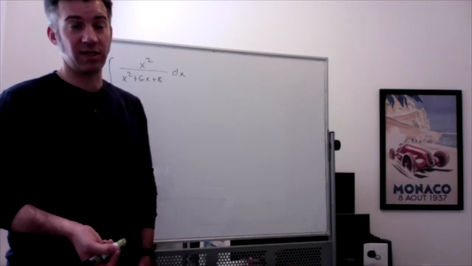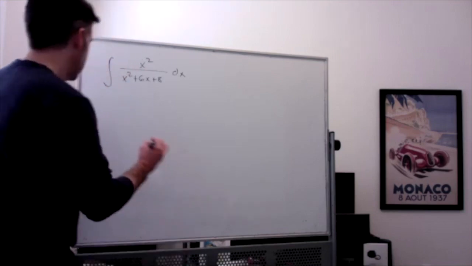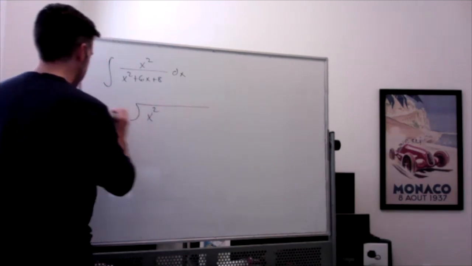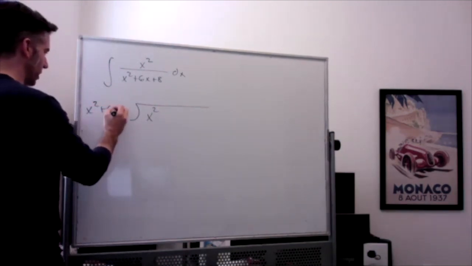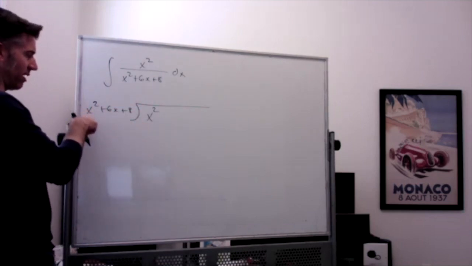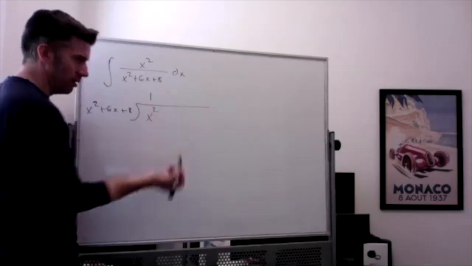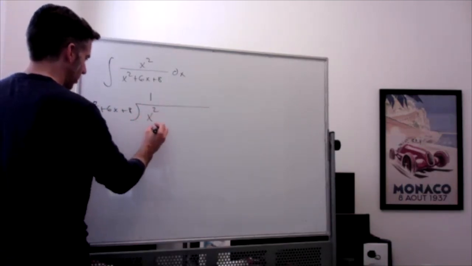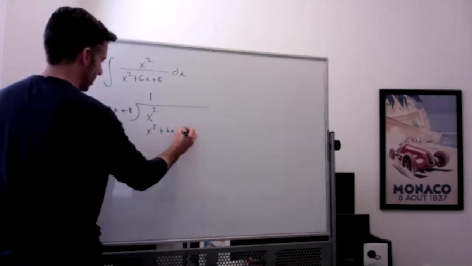When they're equal degrees, it's a really easy long division. So I'm going to do x squared divided by x squared plus 6x plus 8. When we look at the highest power term and say, what do you multiply by x squared to get x squared? Well, the answer is 1. You multiply this by this. So you get x squared plus 6x plus 8.